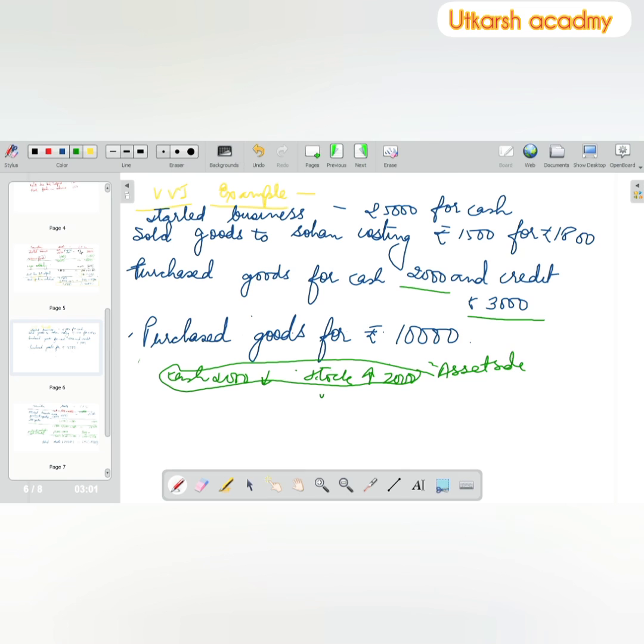And this credit 3,000, again what will happen? Stock will increase by 3,000 because we are purchasing goods, so stock will increase by 3,000. And on the liability side, creditor will also increase by 3,000. Fine.